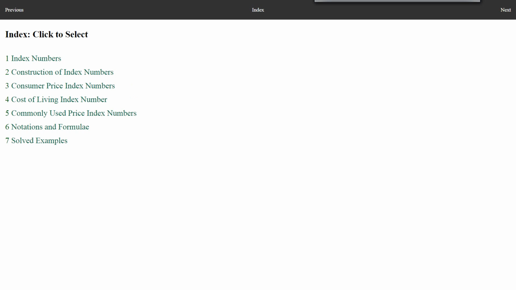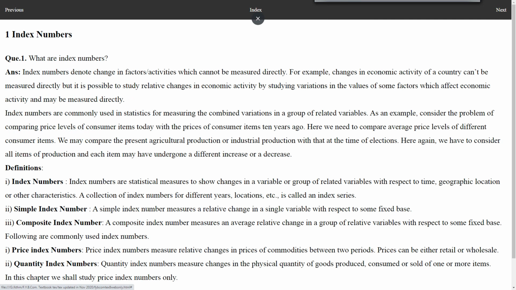Let us see what are index numbers. Index numbers denote change in factors, activities which cannot be measured directly. For example, changes in economic activity of a country cannot be measured directly.